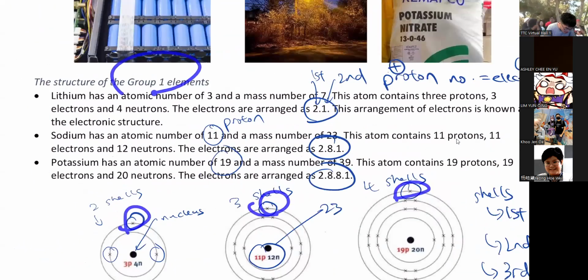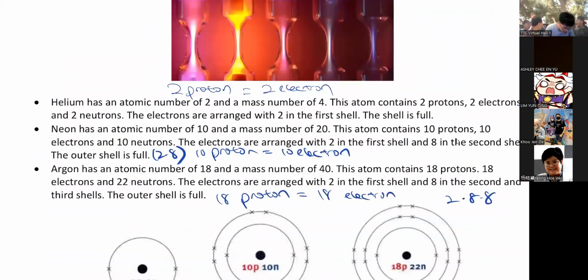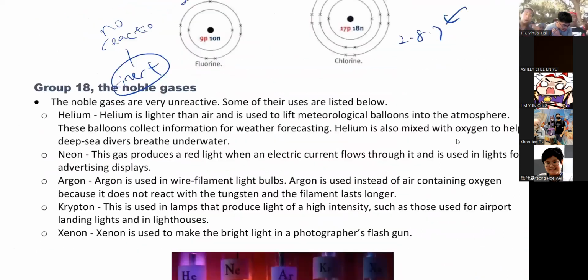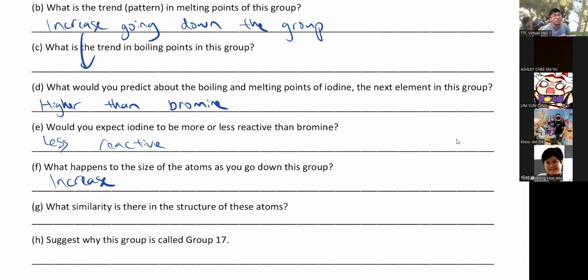That's why they are called group 1. And then group 18 is the same: 2.8.8. That's why they are called group 18. What group they are in depends on the outermost electrons. 他们在哪一个 group 是看它最外面有多少粒 electron，7粒就是 group 17，8粒就是 group 18，1粒就是 group 1.